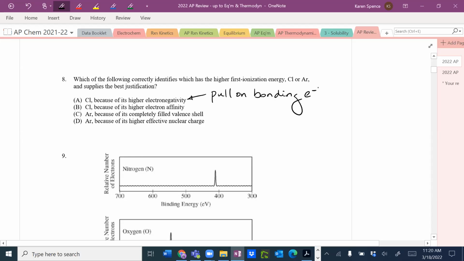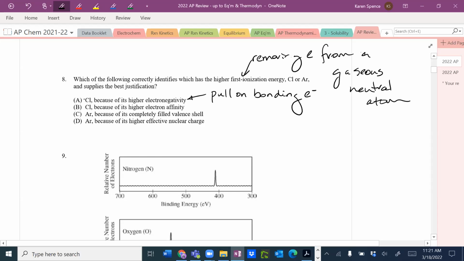And when we're talking about ionization energy, we're talking about removing an electron from a gaseous neutral atom, which is not bonded, obviously. So that one's gone. Higher electron affinity has to do with the energy that's released. That wouldn't be a cause.